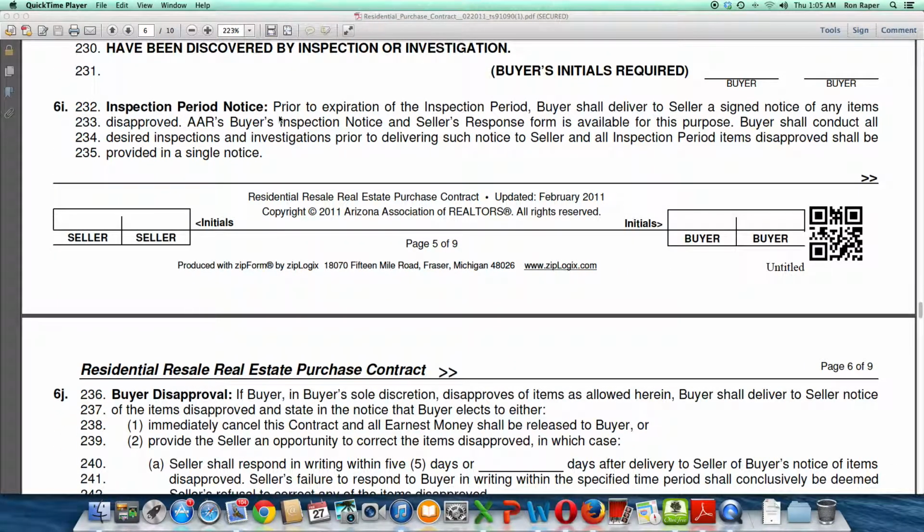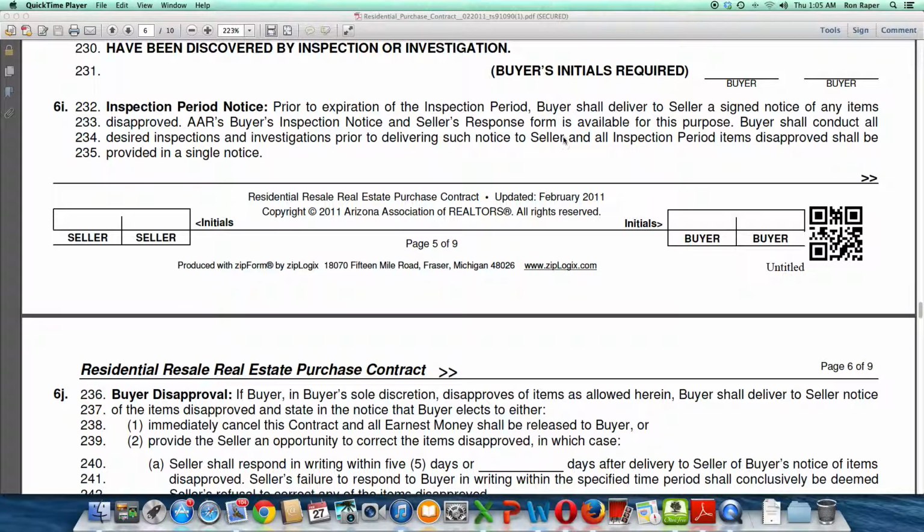Inspection period notice. Prior to expiration of the inspection period, buyer shall deliver to seller a signed notice of any items disapproved. AAR's buyer's inspection notice and seller's response form is available for this purpose.